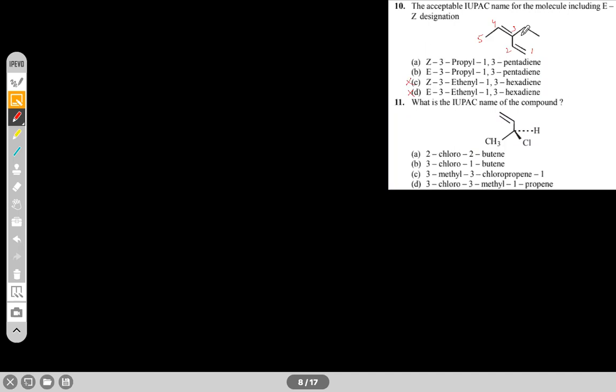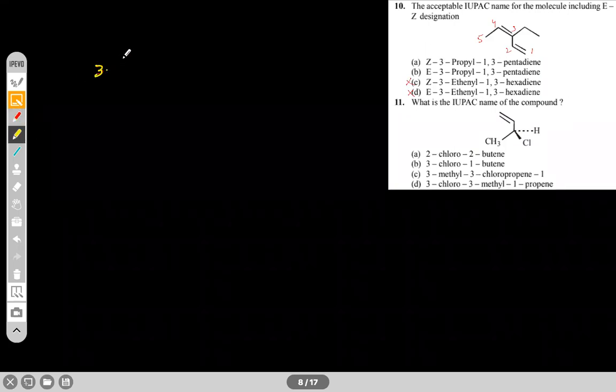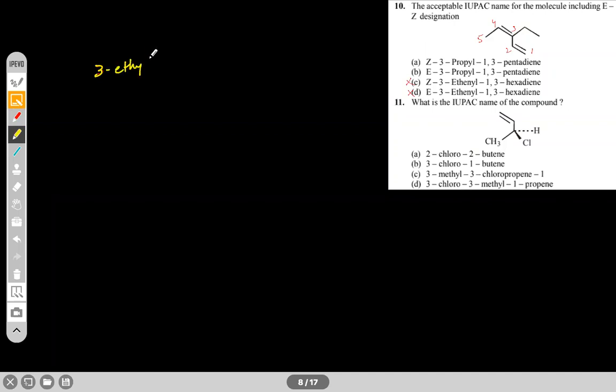So name of this compound is 3-ethyl penta 1,3 diene, because at third position we have ethyl group.